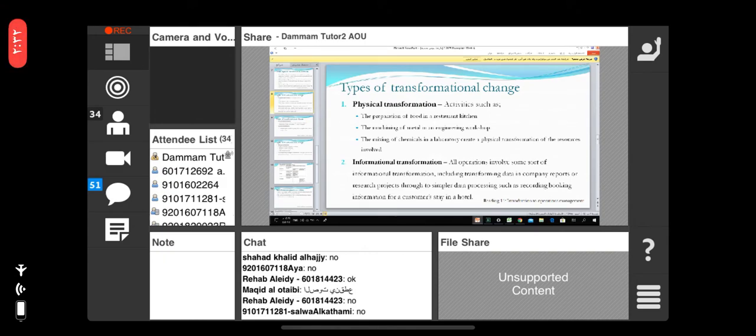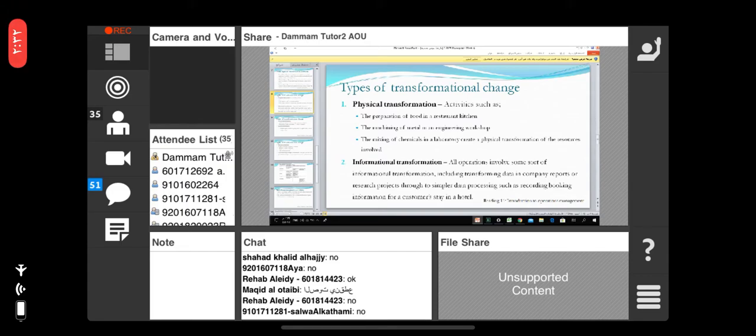If you are working in a laboratory and you deal with chemical substances, what you need is certain chemical substances to deal with them. Right guys, so physical transformation is important for any organization.